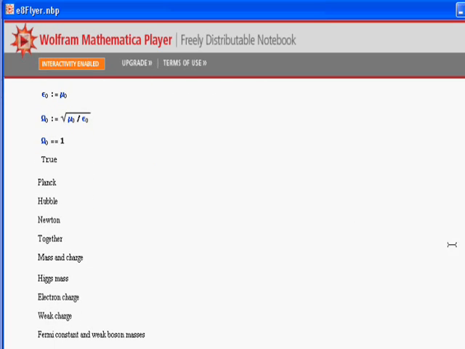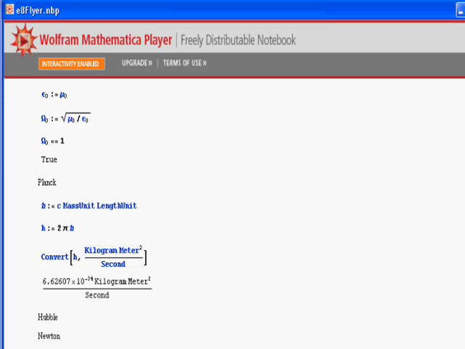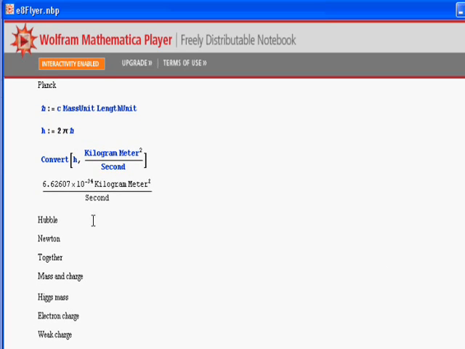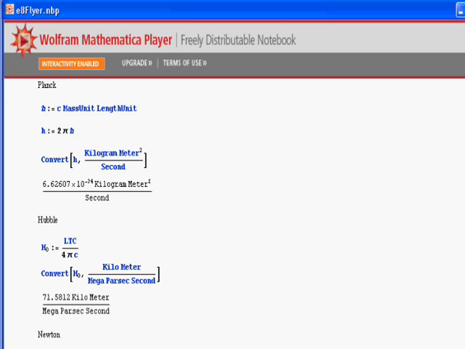The conversion is a proper conversion based on the new units of measure. And of course, we have Planck. The h bar is simply the c times a mass unit and a length unit. Converting comes out correctly. The Hubble constant also becomes fundamental, which is basically the inverse of c times 4 pi.